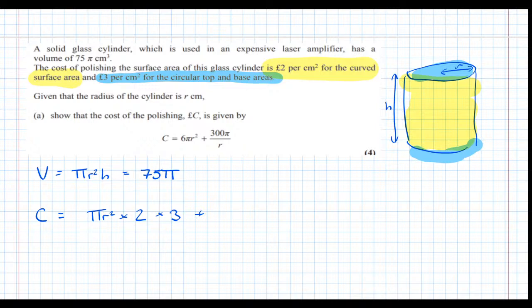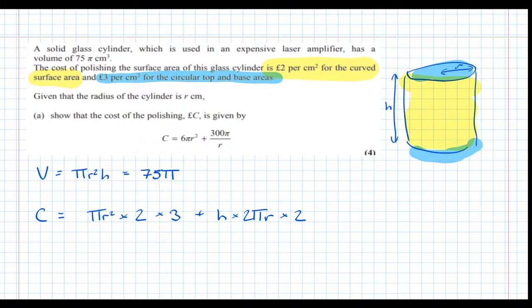Then the curved surface area, which is h times the circumference, gives us that rectangle that wraps around the cylinder. H times 2 pi r, and that costs £2.